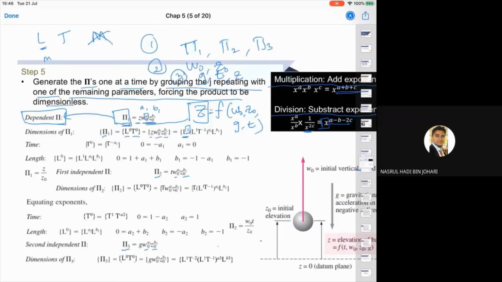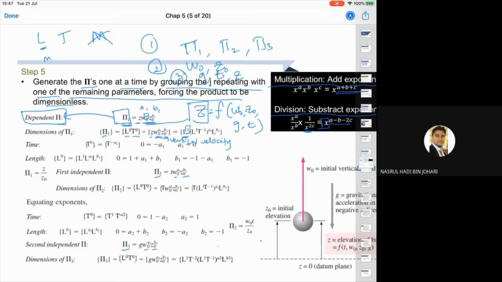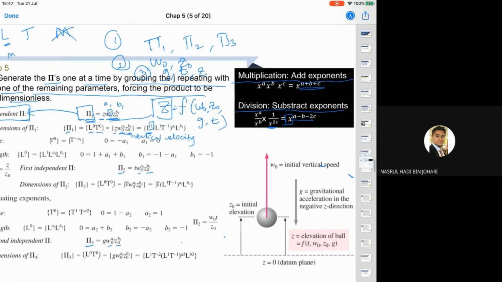W0 is what? It is the vertical velocity, the initial velocity before the ball is released. So it is the initial vertical speed. The unit is m/s, so the dimension is L T to the power of -1.